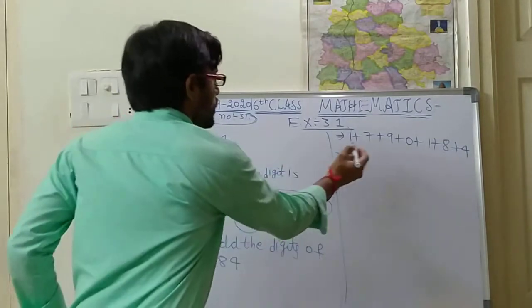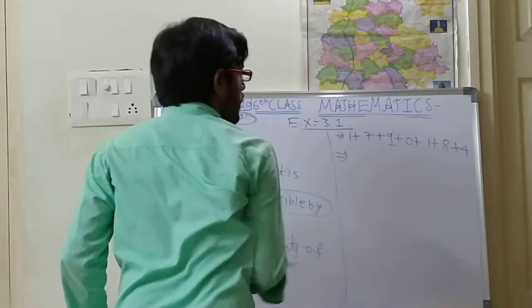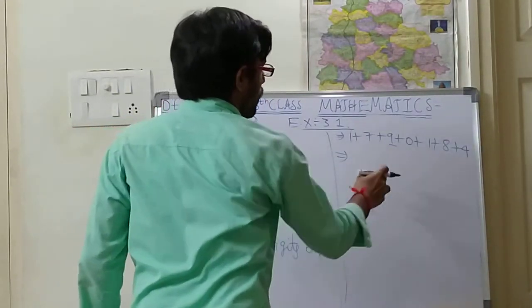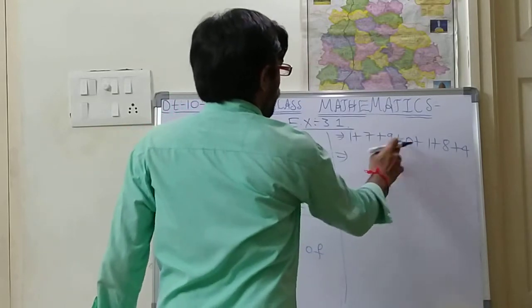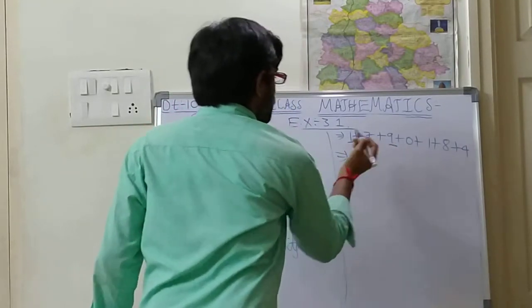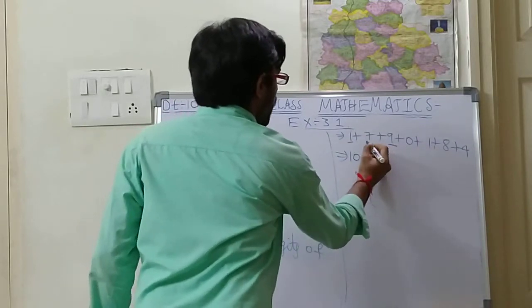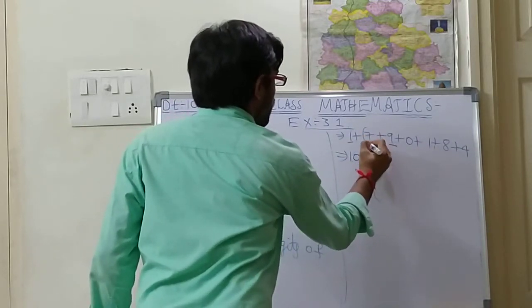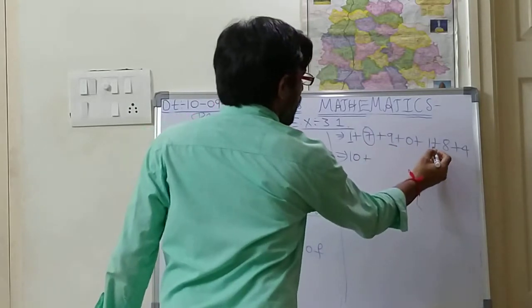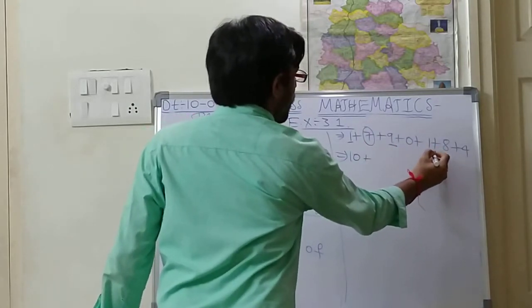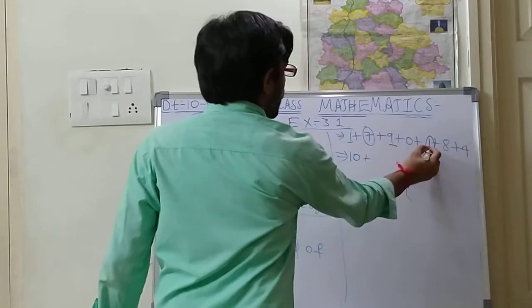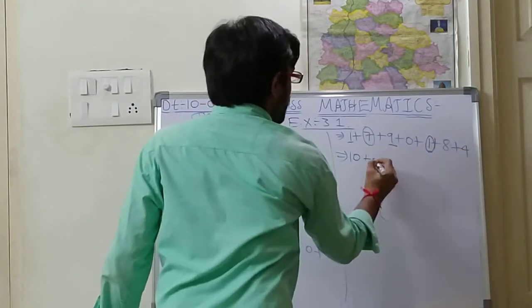First, see children, here 9 is there. 9 plus 1, what is 9 plus 1? 10. Plus now 7 plus 1. What is 7 plus 1? 8. 8 plus 8? 16.